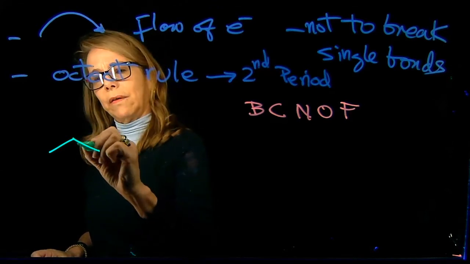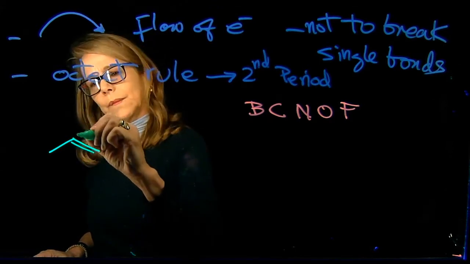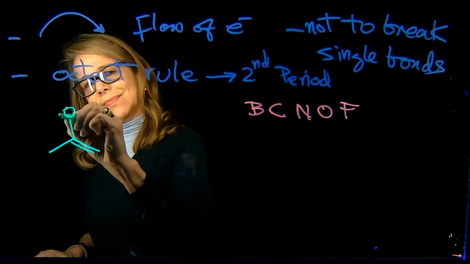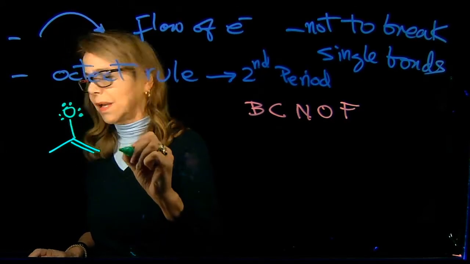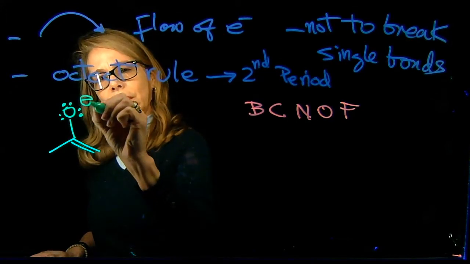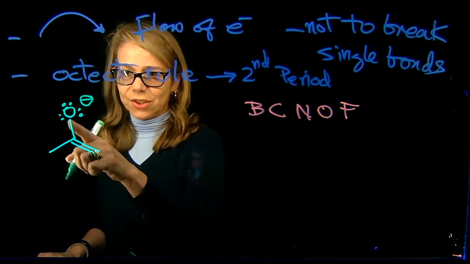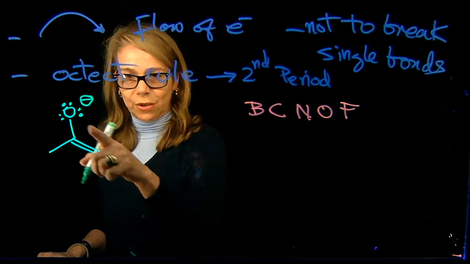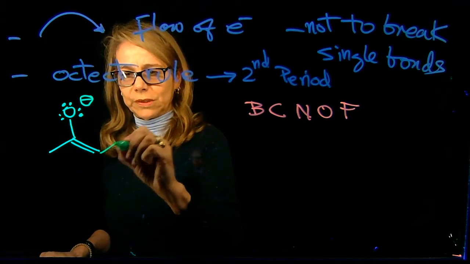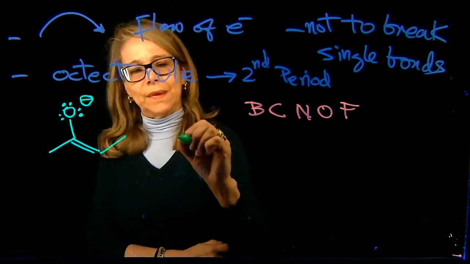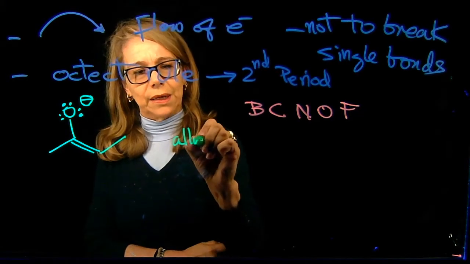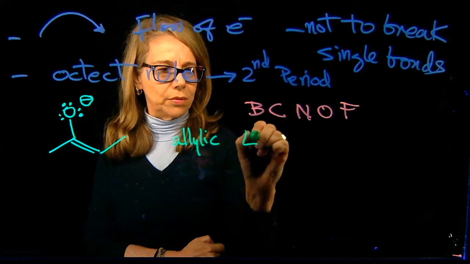Say that I have a double bond, and I'm going to have this oxygen here with lone pairs. Here we need to remember the formal charge: an oxygen with only one bond and 3 lone pairs has a negative formal charge. That is what we call the pattern allylic lone pair.